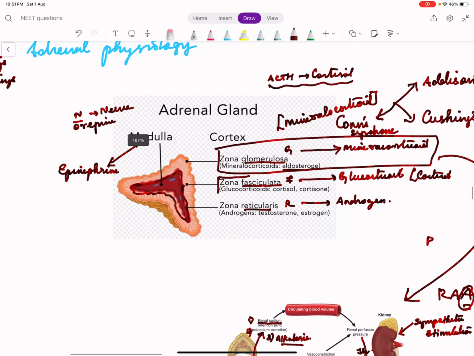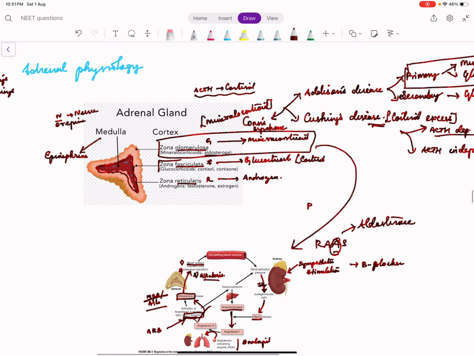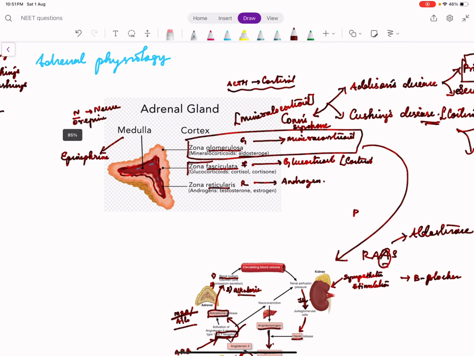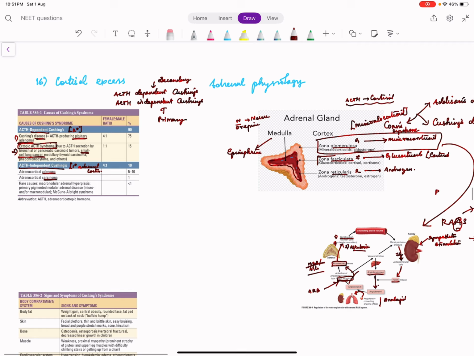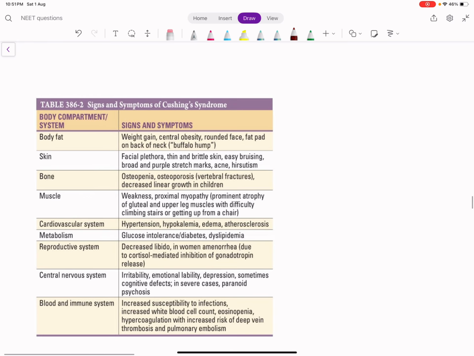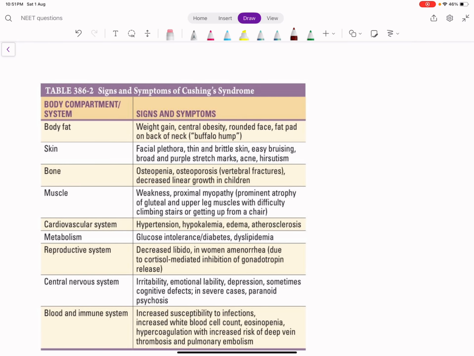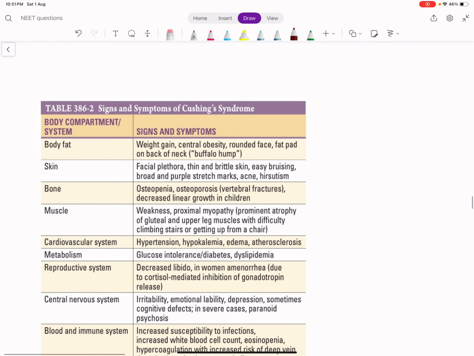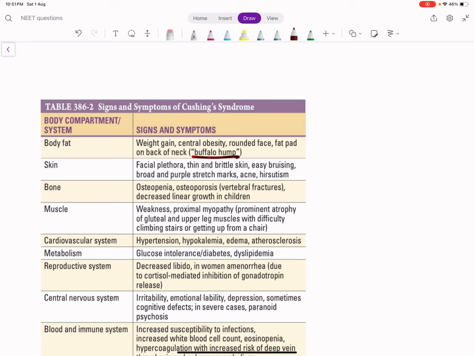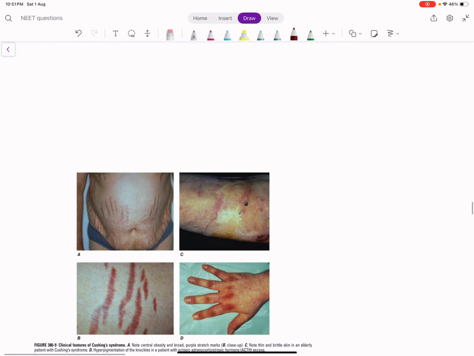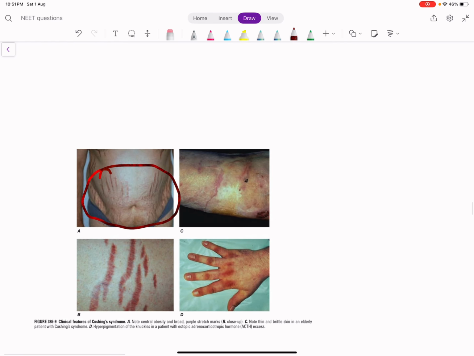So this is just a small summary of the entire system. Signs of Cushing syndrome we discussed already, so we'll skip it. Buffalo hump, moon face, the typical purple striae. These are the skin bruises.